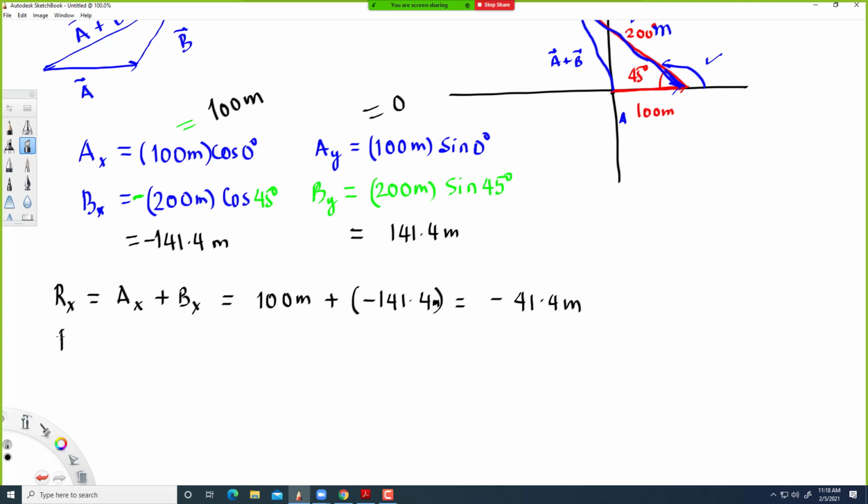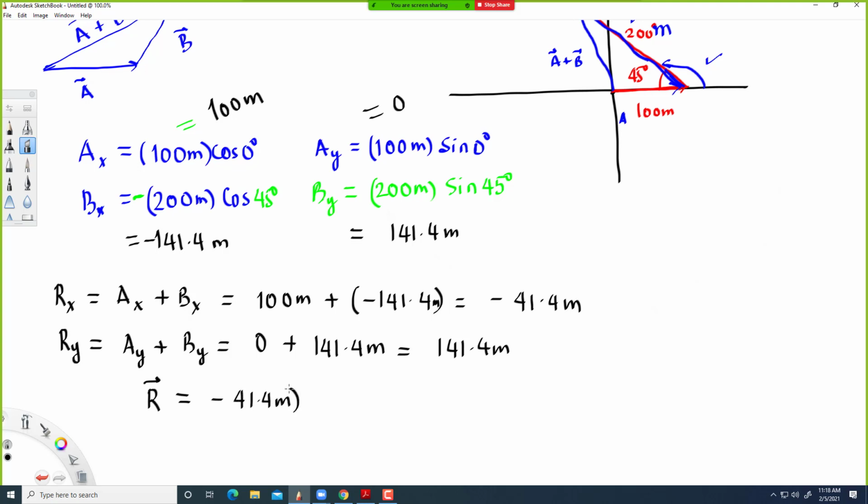And then Ry is Ay plus By. Ay is 0 plus By is 141.4 meters. So that's 141.4 meters. So our vector, the sum of the two vectors, is negative 41.4 meters along i direction plus 141.4 meters along j direction.